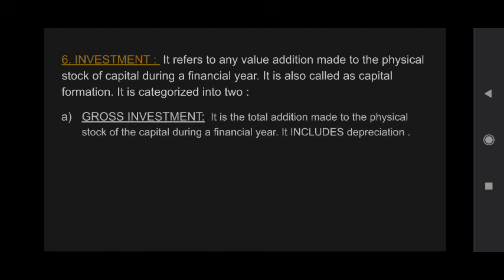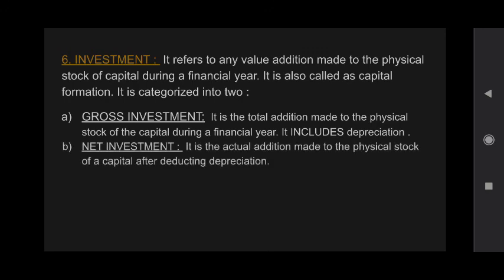In a simpler sense, it means the total addition made to the physical stock of capital. Gross investment includes depreciation, while the other category is net investment, which is the actual addition made to the physical stock of capital after deducting depreciation.